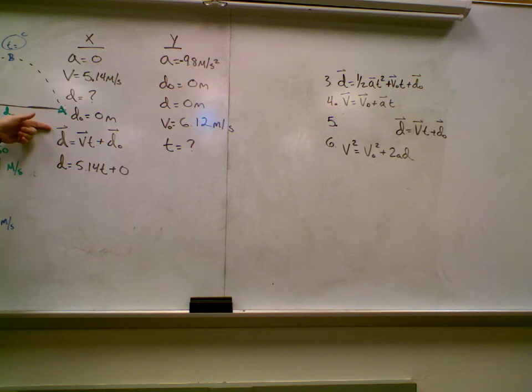Is the final velocity 0 because it hits the ground? No. Good. You guys remembered. The final velocity is not 0 because it hit the ground. So we do not have a final velocity to use acceleration with change in velocity or change in time. Okay, we don't have that. So what equation can I populate with what I know?